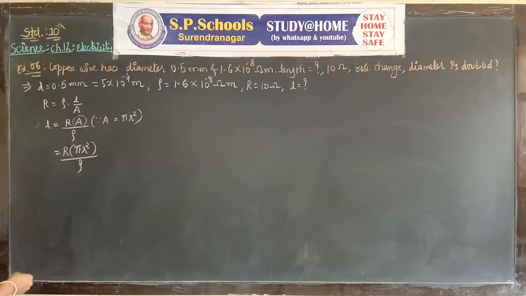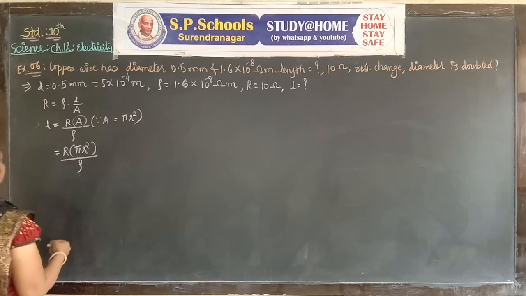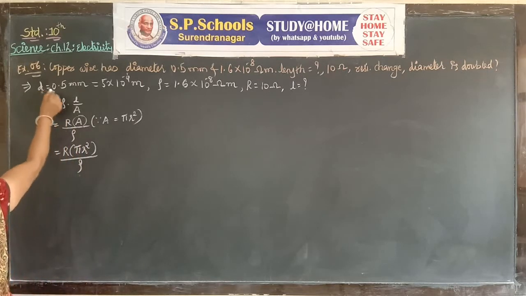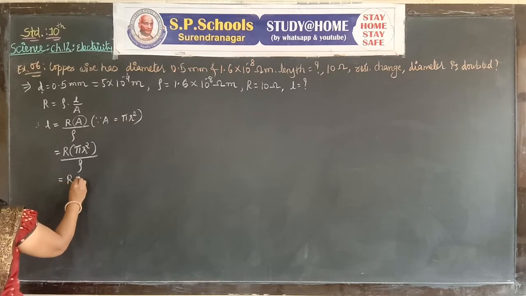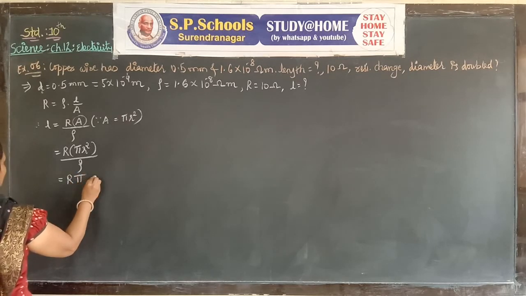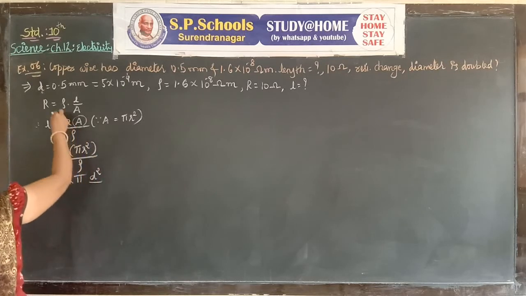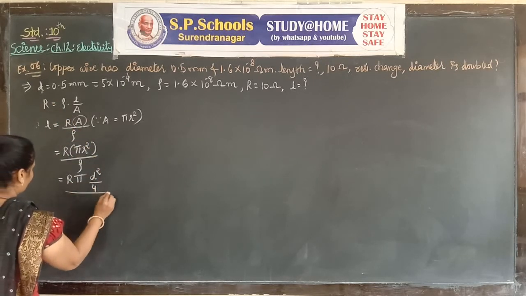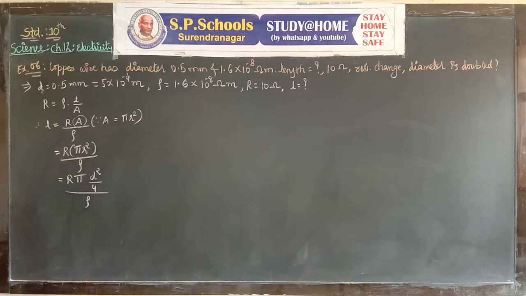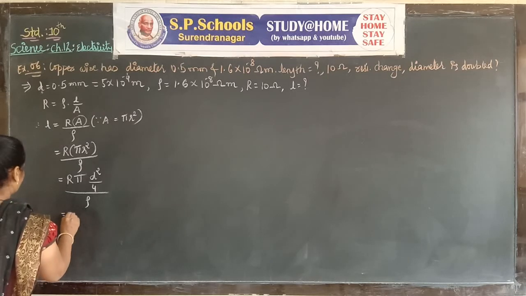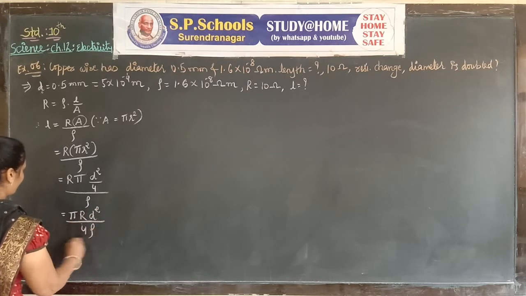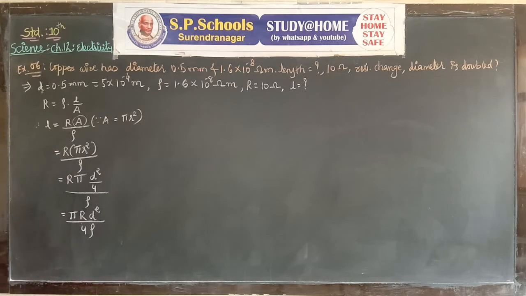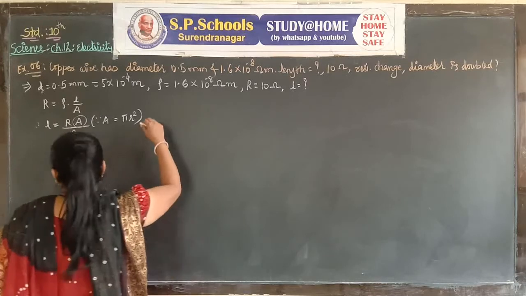But here r squared is not given directly, so you have to convert r in terms of d. Since r is d by 2, r square is d square by 4. So L is equal to R into pi d square upon 4 rho.